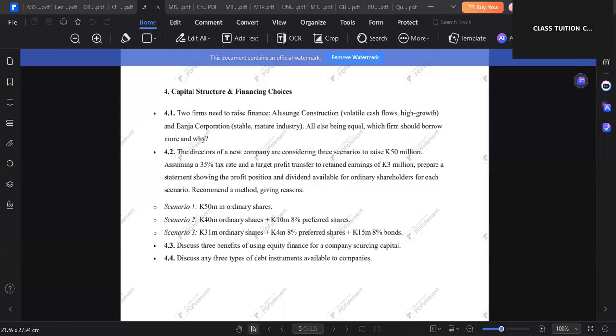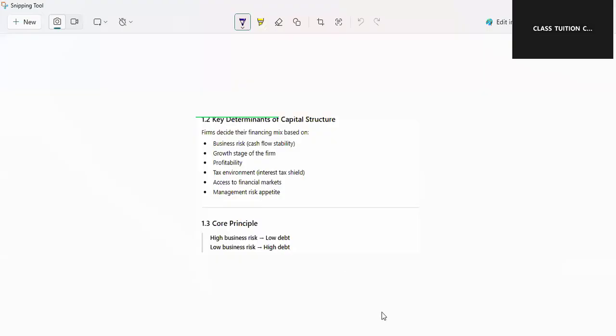Number one, the business risk. Here we're looking at the levels of uncertainty of the operating income. Firms with stable cash flows can comfortably use debt. This is what our question is going to ask us.